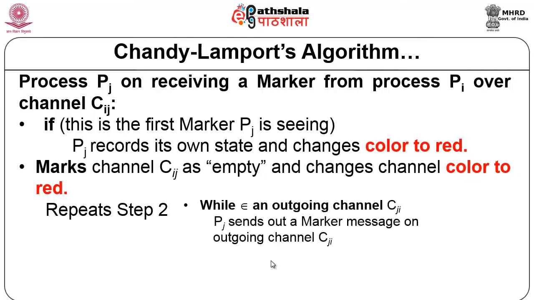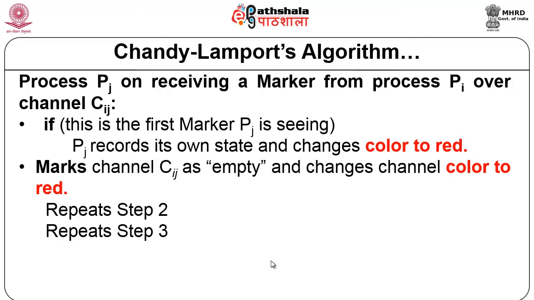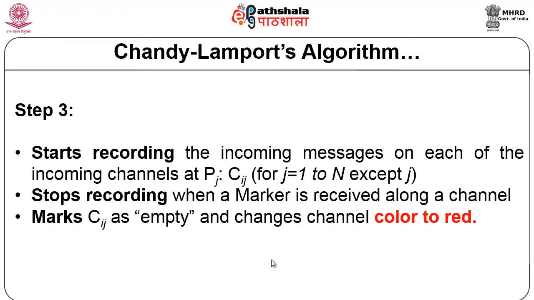What was our step 2? Step 2 was this: while there is an outgoing channel, in this case all of Pj's outgoing channels, it sends a marker. And then it repeats step 3. Step 3 says, I keep on recording my incoming channels' messages. I wait for a marker to come.